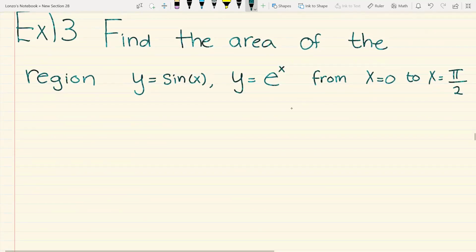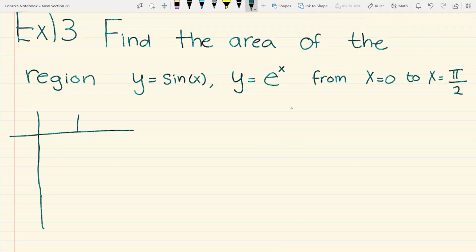So what I'll do is just make a table to graph the points, right? The first column would be the x value, and then this is e to the x, and then this is sin of x.